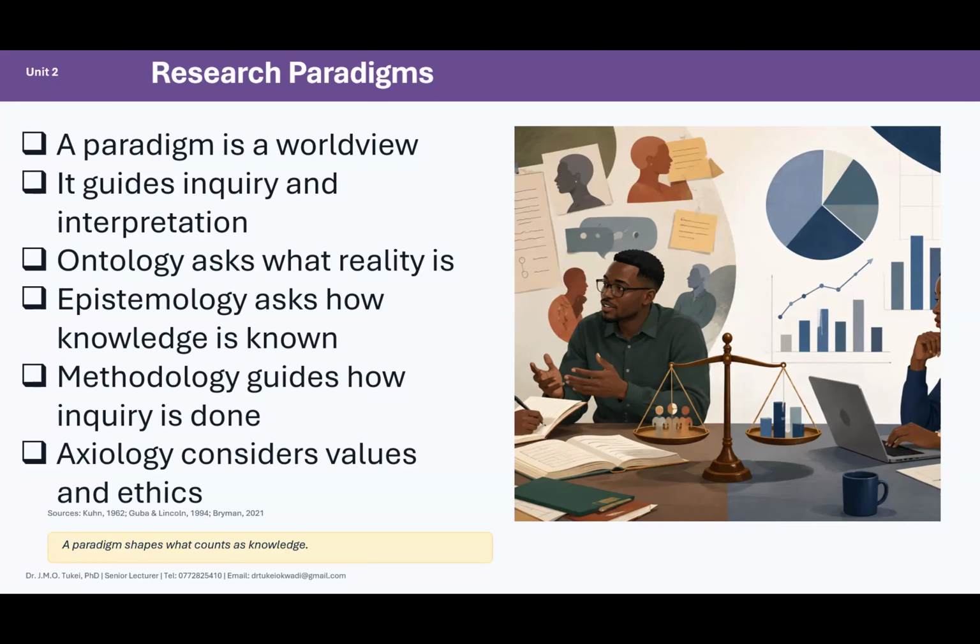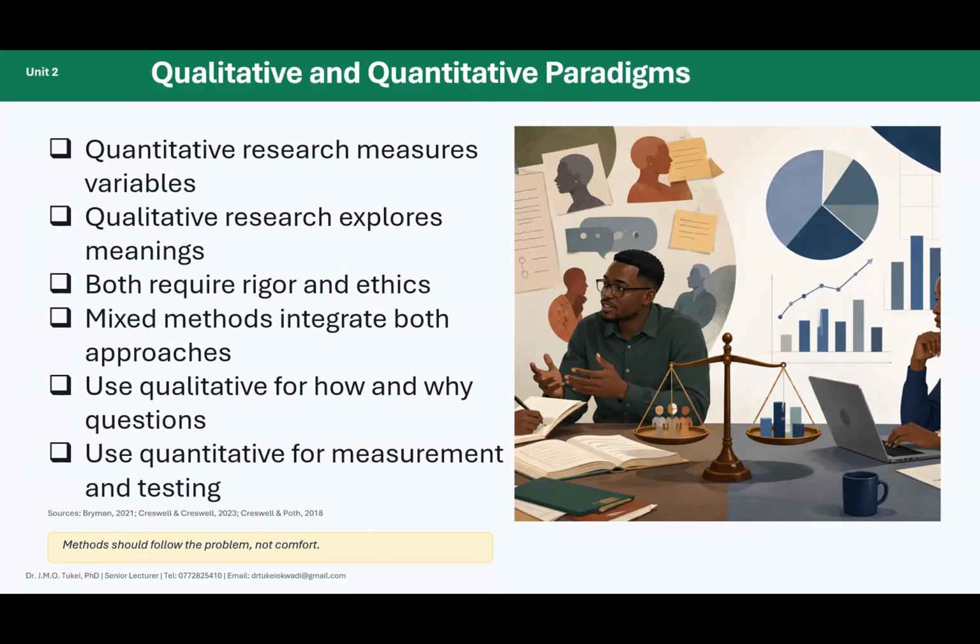The key message here is a paradigm shapes what the researcher considers valid knowledge and probably appropriate evidence. That's what we ought to understand from what I would call research paradigms.